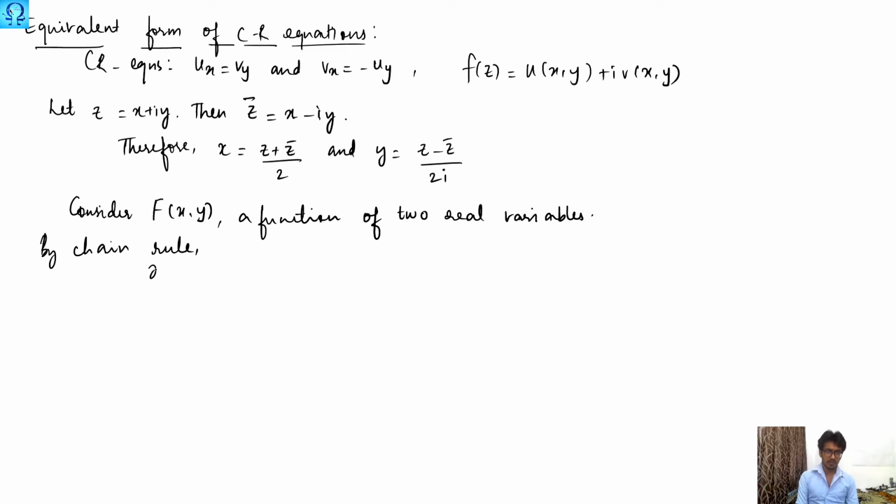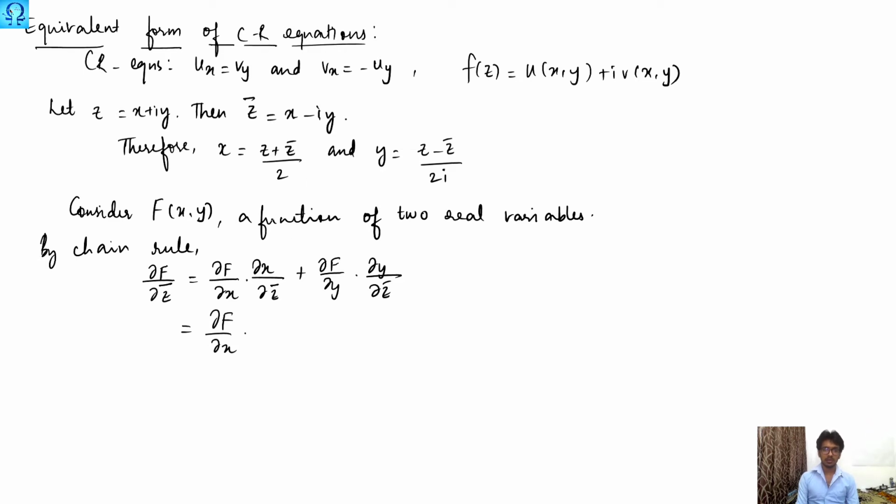we are going to have del f upon del z bar. This may be written as del f upon del x times del x upon del z bar, plus del f upon del y times del y upon del z bar. Here you don't know what this function f is, right?